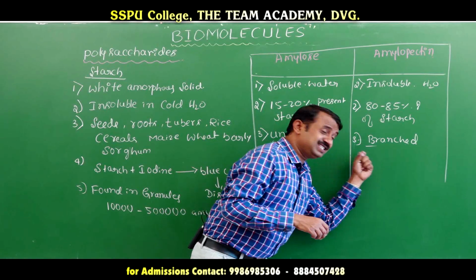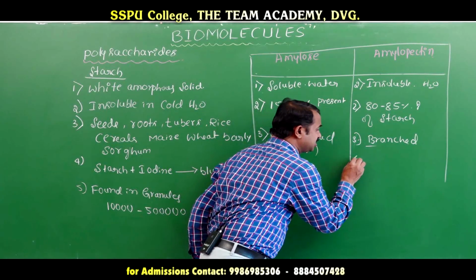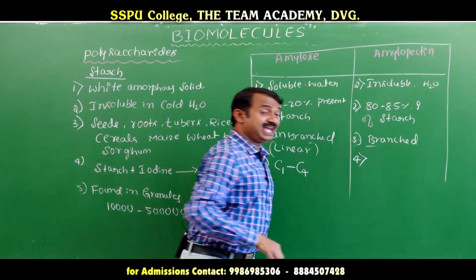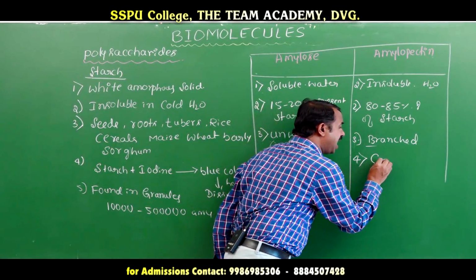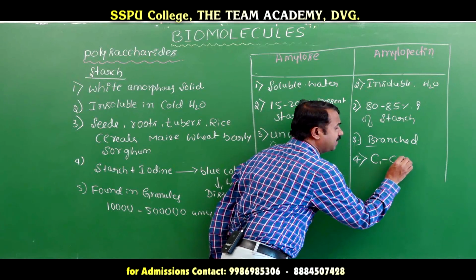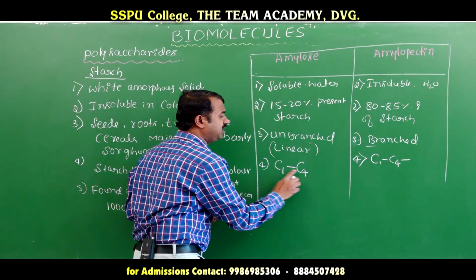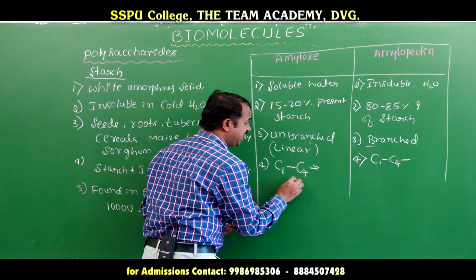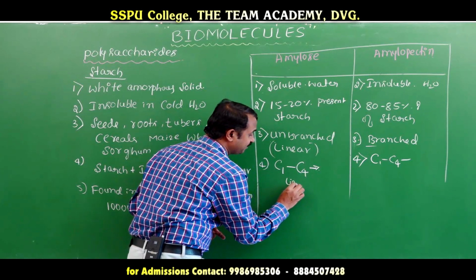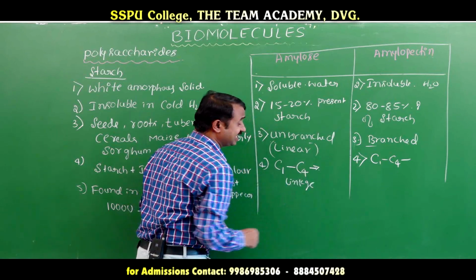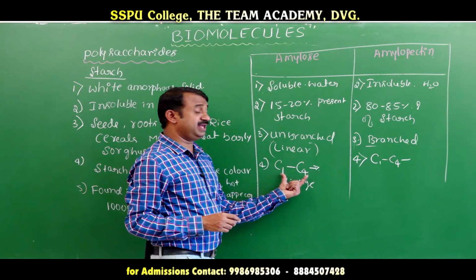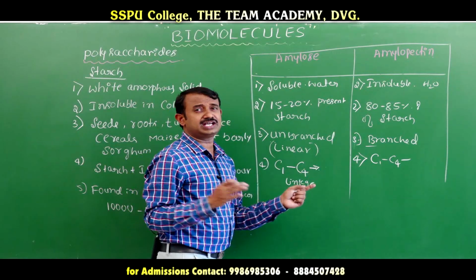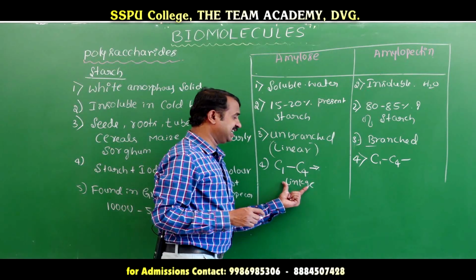Here the branch is coming. Which type of branch? We will discuss the structure of amylopectin. The C1 and C4 carbons form the straight chain linkage, which is a glycosidic linkage between the monomers.